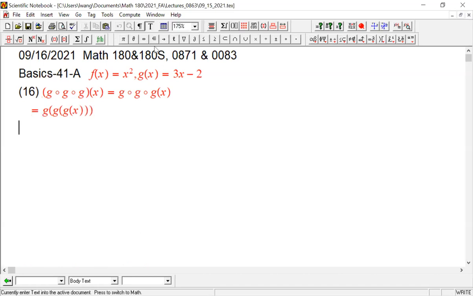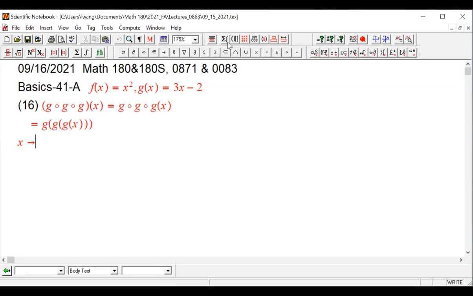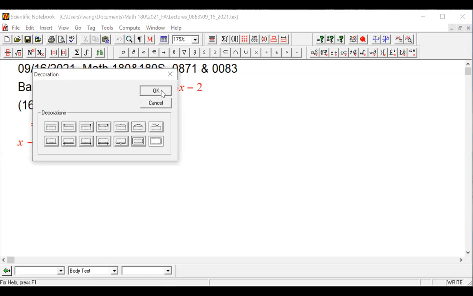It means that you have a function and you repetitively use the same rule. And the same rule is G.